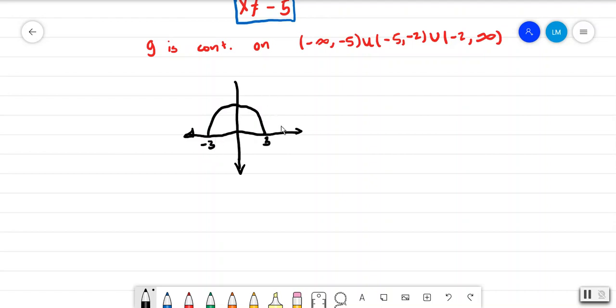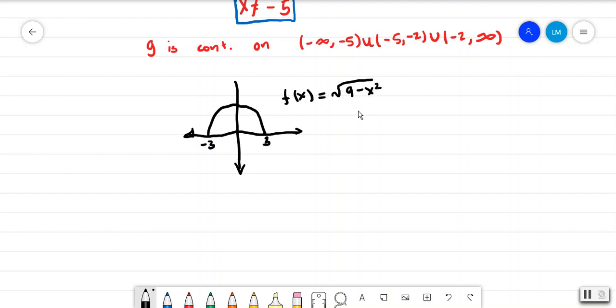Here I use the terms left-side and right-side continuity because if you define the function as the semicircle with radius 3, then it looks like the square root of 9 minus x squared.